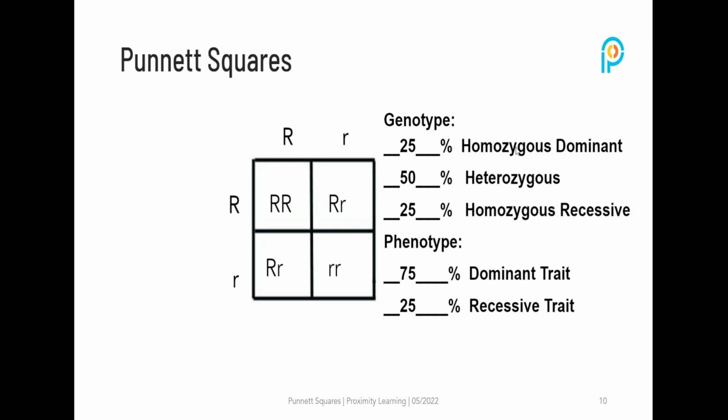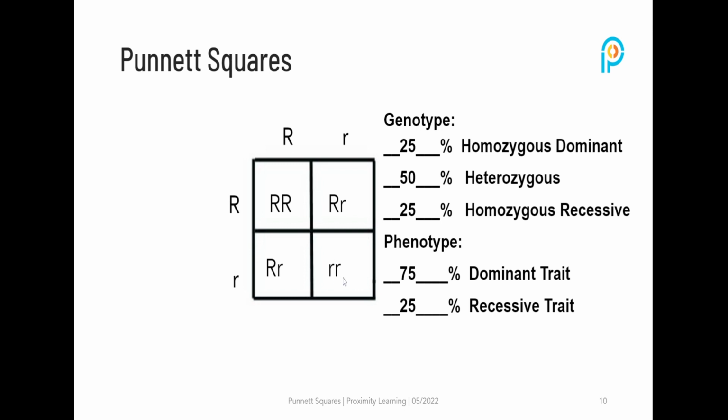So homozygous dominant, that would be 25%. Dominant is the capital. Recessive is the lowercase. So you have one of these tiles, which will be 25%, 1 out of 4, that is homozygous dominant, the same, because they're capital. You have one that is homozygous recessive.